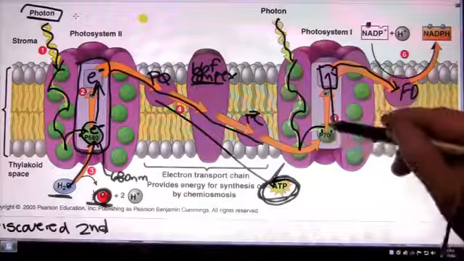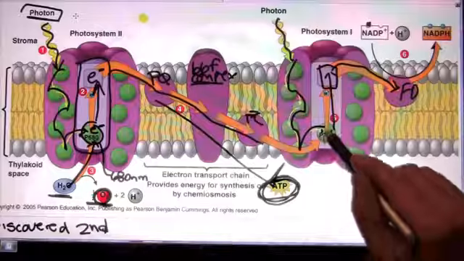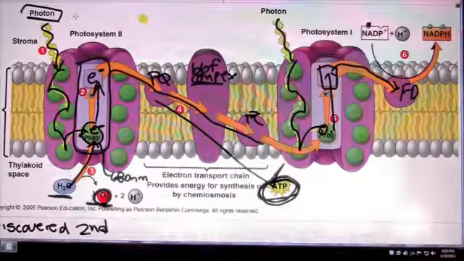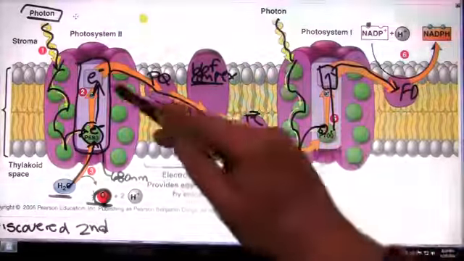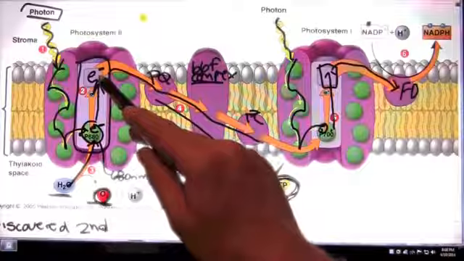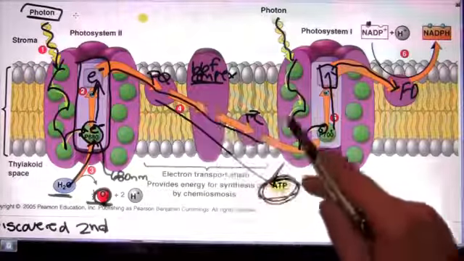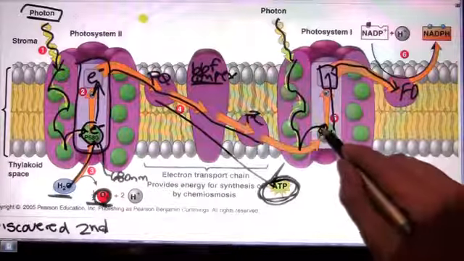So the one electron that has already been absorbed by NADP plus left a blank space in P700, which needs to be filled. So the ongoing process of an electron from photosystem 2 moves down the first electron transport chain, moves into P700, filling in this void area.